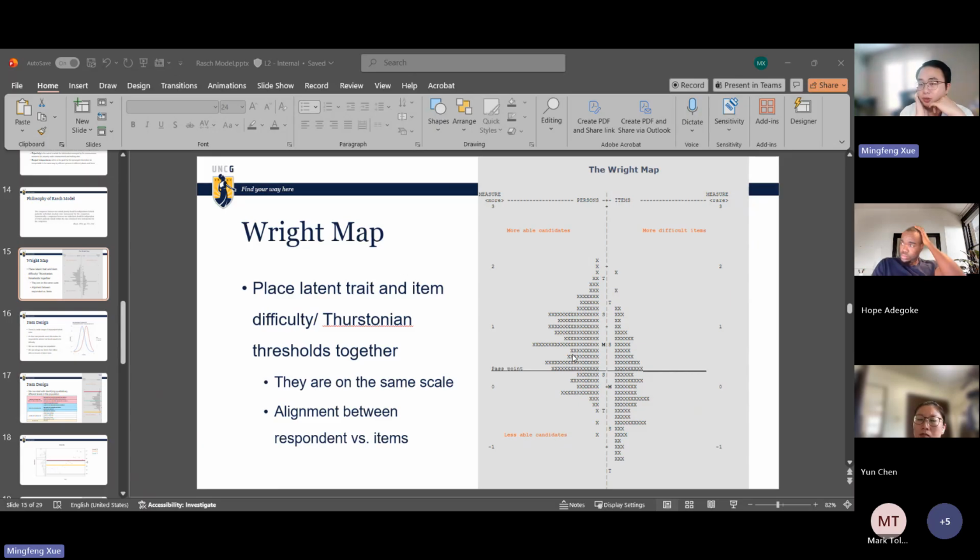When it's not normally distributed, you might consider JMLE or CMLE. WLE is actually a method to estimate the latent trait, but I believe what you want to mention is MMLE, marginal maximum likelihood estimation. When you have that, you can calculate the latent trait with the WLE, weighted likelihood estimator. Does that answer the question, Mark?